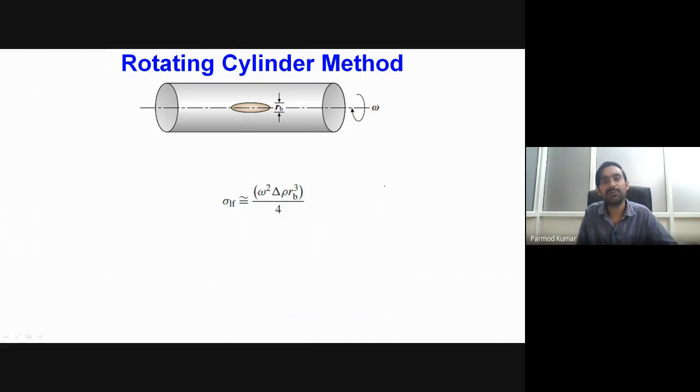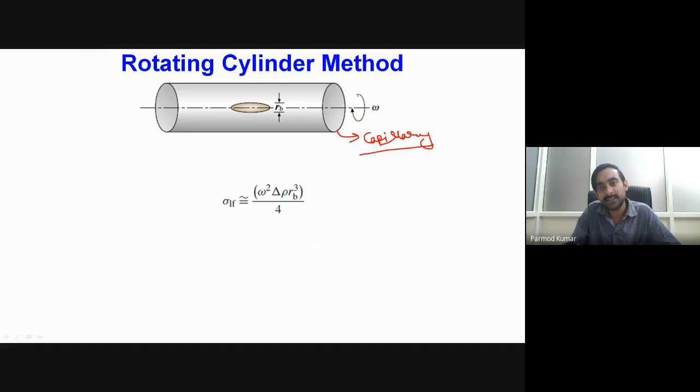Then there is one more method which is known as the rotating cylinder method. In this method, we consider the size of this cylinder to be of the order of the capillary length scale, so it is nothing but some very small cylindrical capillary. In this capillary, we first fill our liquid, and then inside that liquid, normally at the center of the capillary, one small bubble of air is injected.